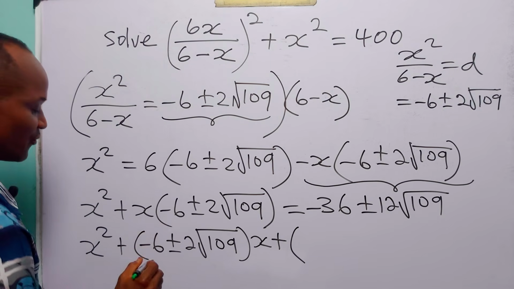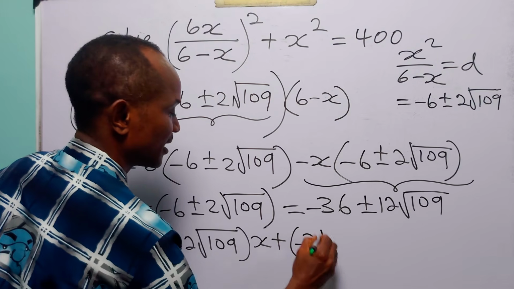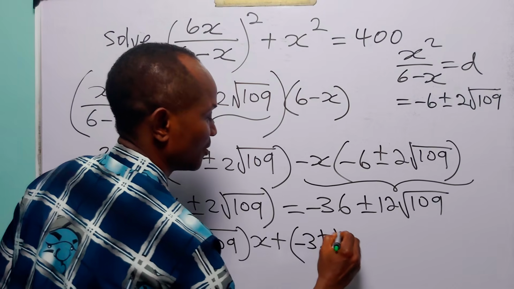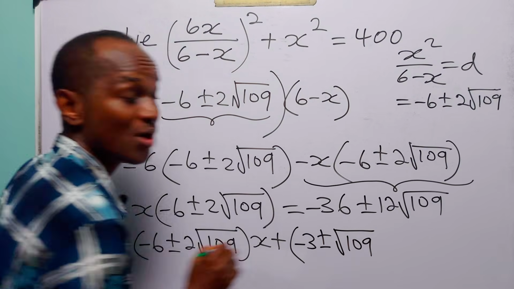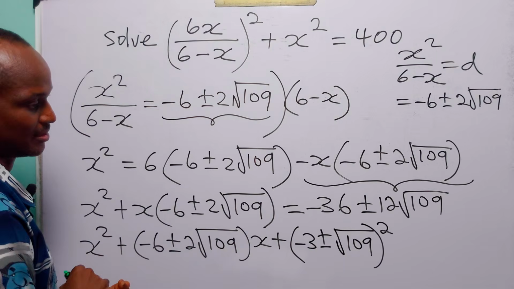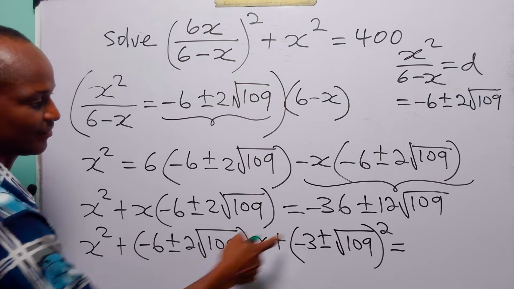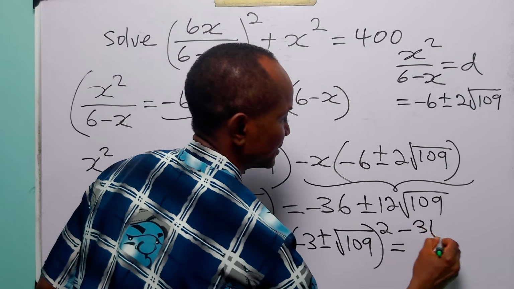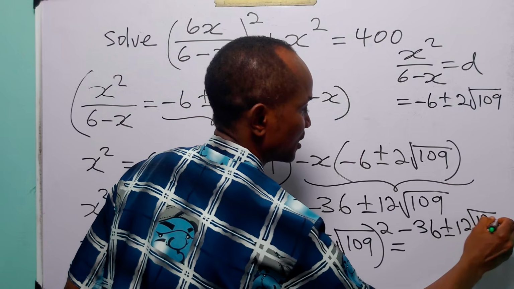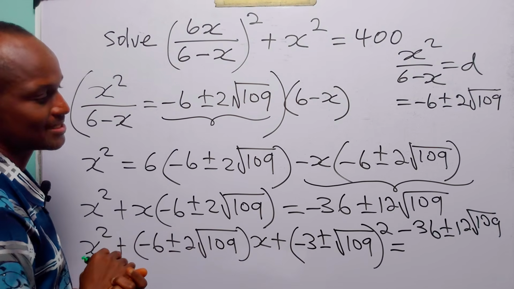Now, half of this is going to be minus 3 plus or minus root 109. And of course, this is going to be squared. Now, this will be equal to minus 36 plus or minus 12 root 109. Then let us square this.